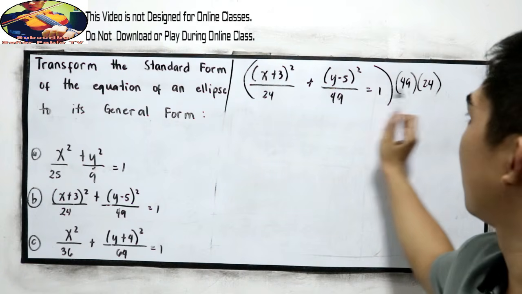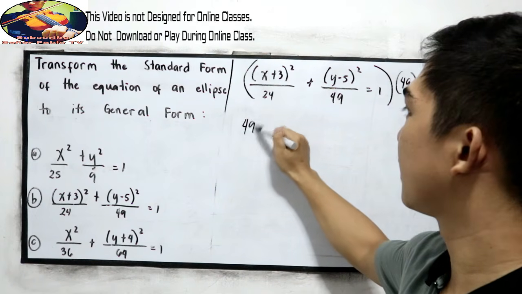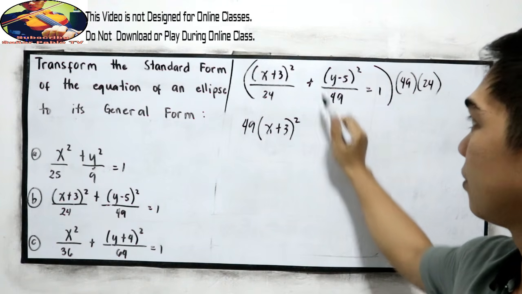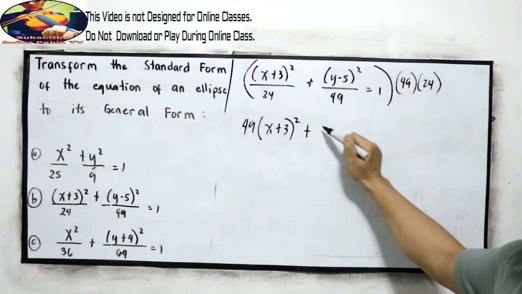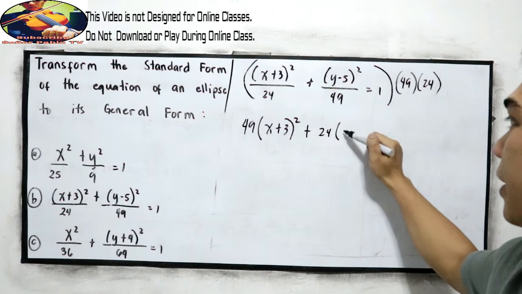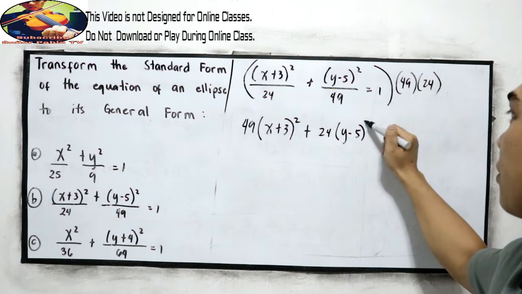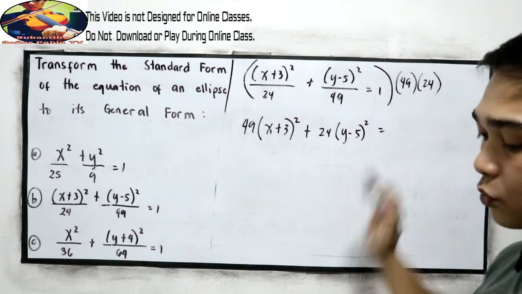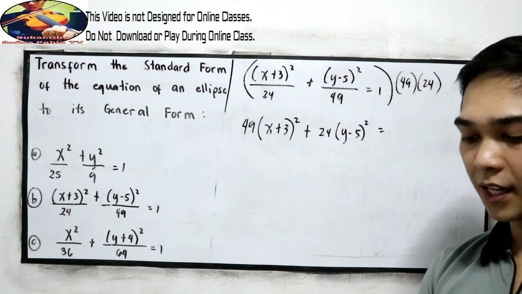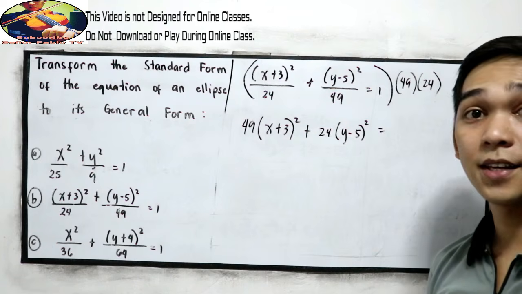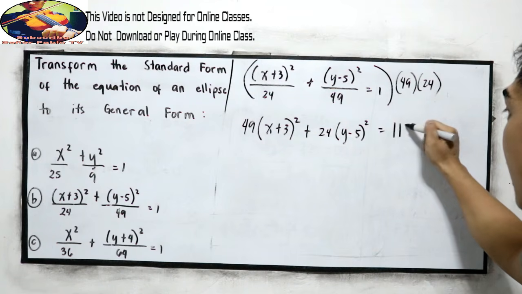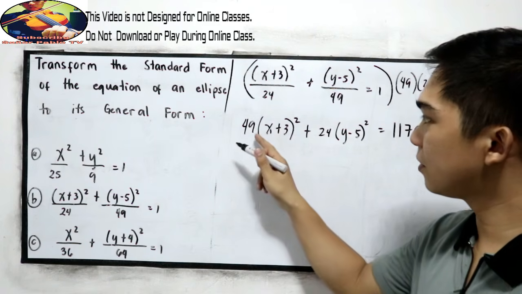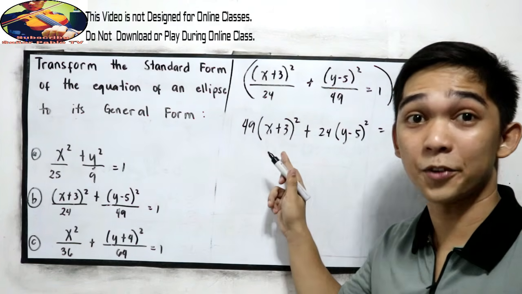So we have 49 times our numerator, x plus 3 raised to 2, plus 24 times the numerator, y minus 5 raised to 2 is equal to 49 times 24. 49 times 24, that is 1,176.